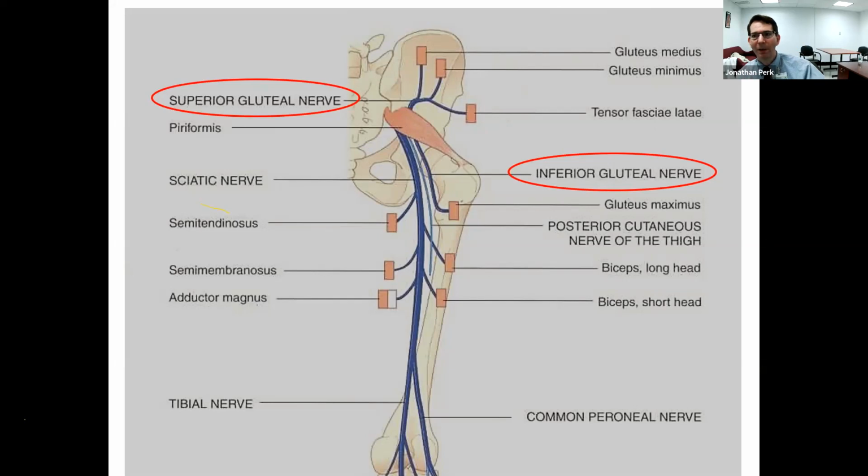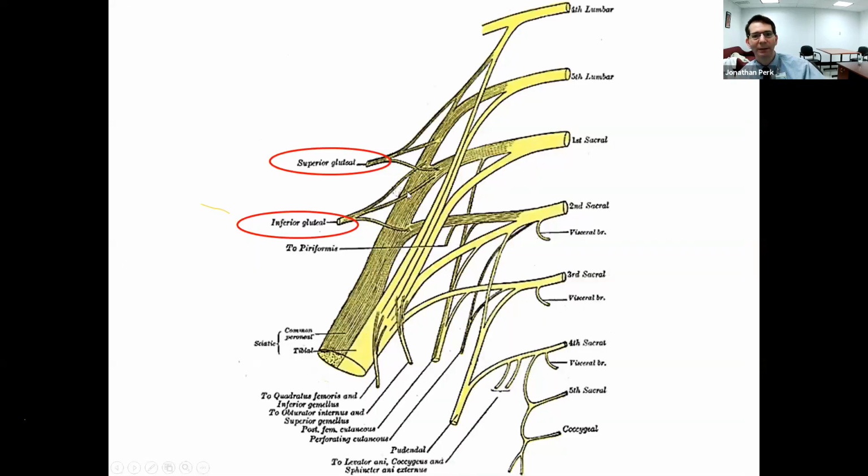Okay, so let's go on with our Odyssey. And here, actually, let's go back. You see that all these roots come together, and all the lower roots come together, and they become this massive nerve, actually the largest nerve in our body, which is the sciatic nerve.